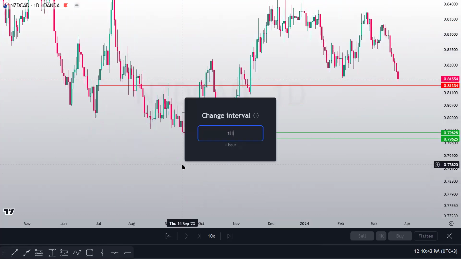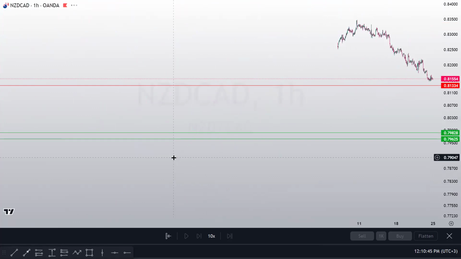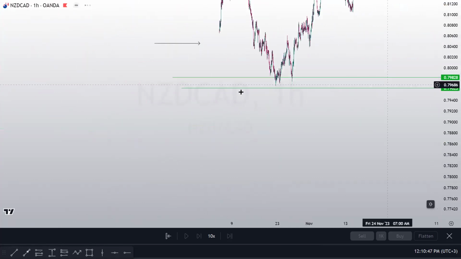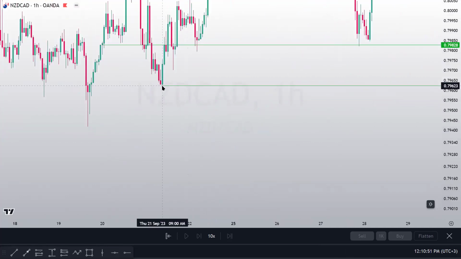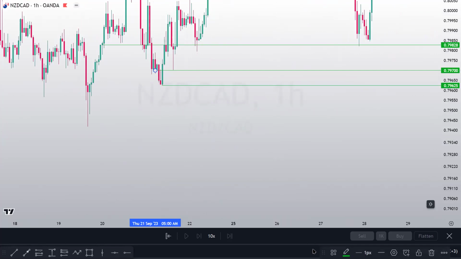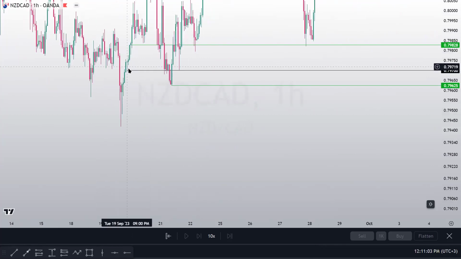So coming to the 1 hour time frame, this was my validation point, and I had a clear liquidity engineering, which was this one. And also, if I extend it, a lot of people understand why I'm extending this line. Yeah, so this was the perfect one.